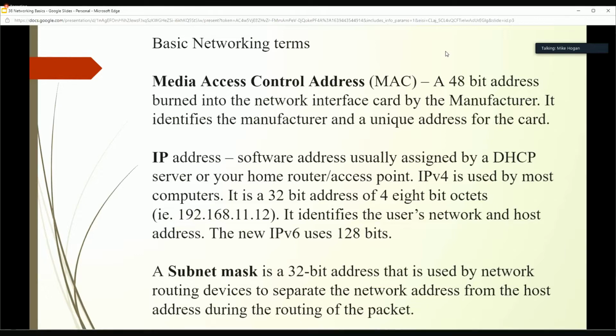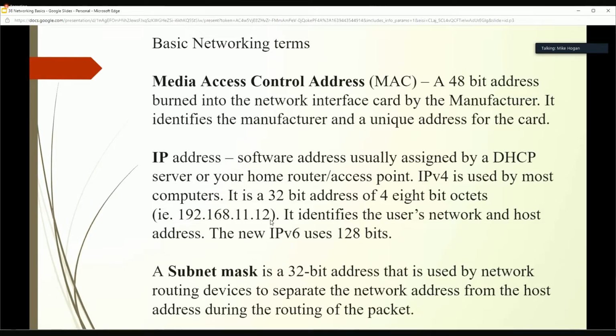The big difference between IP version 4 and IP version 6 is just the number of bits. IP version 4 is a 32-bit address, and you can see the way we write this address, here's an example, 192.168.11.12.